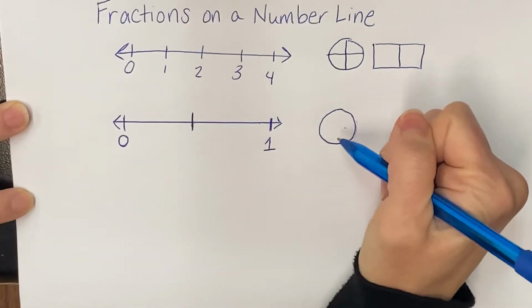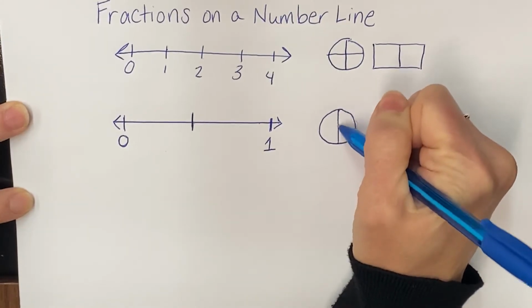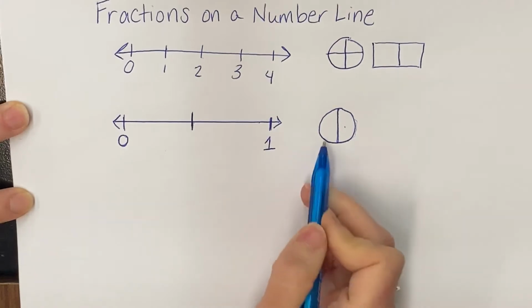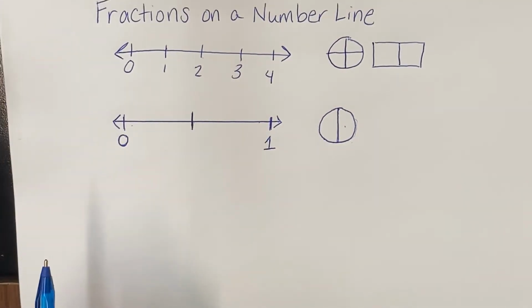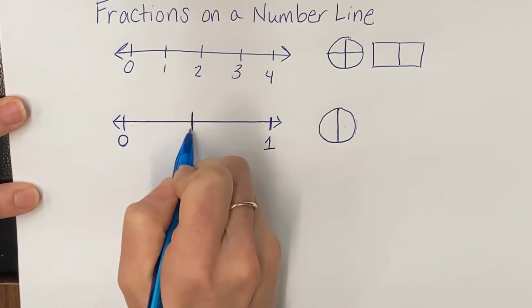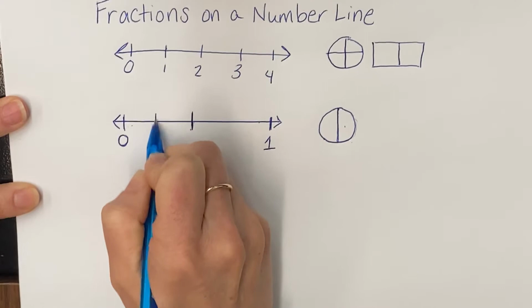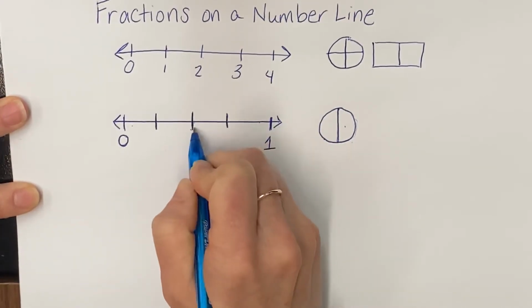If I was going to show you that on the circle, you could compare it to this. 2 equal pieces, 2 equal pieces. But I want 4. So to do that, I'm going to split the middle here between 0 and this tick mark, and split the middle here between the middle and 1.